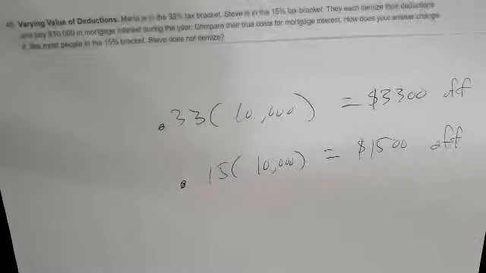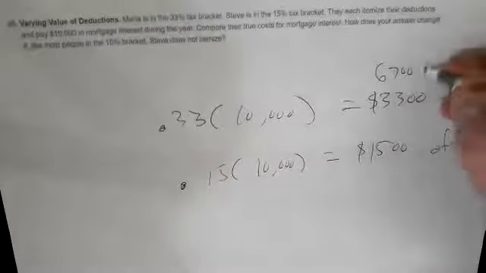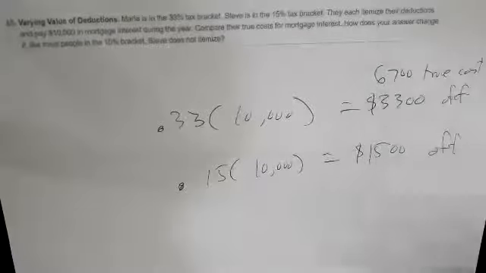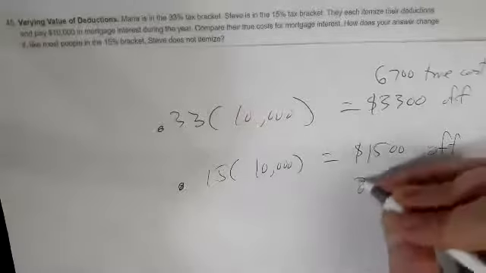Is that what they're looking for? Oh, they're doing 10,000 minus that. 10,000 minus 3,300 gives me her true cost, which is 6,700. And if I do 10,000 minus the 1,500, that gives me 8,500 true cost.